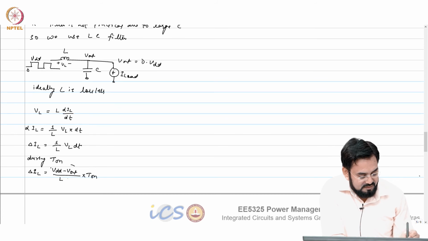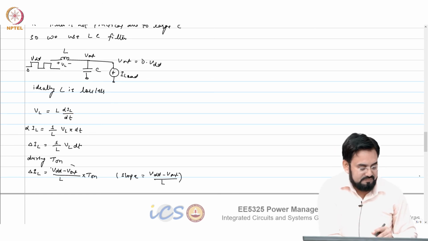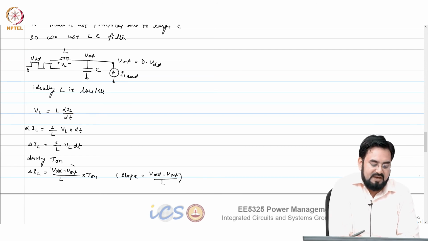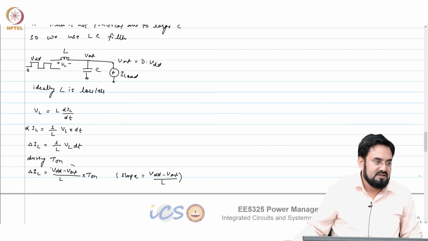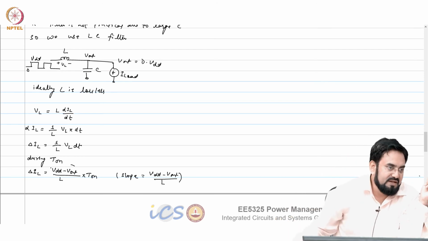Okay. This is the slope at which your current will rise, and depending upon for how long it is on, that will define your peak.